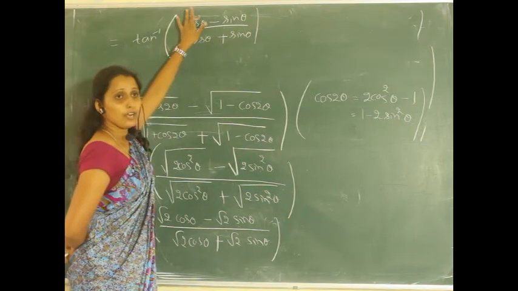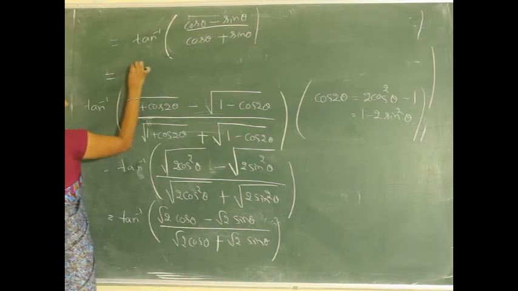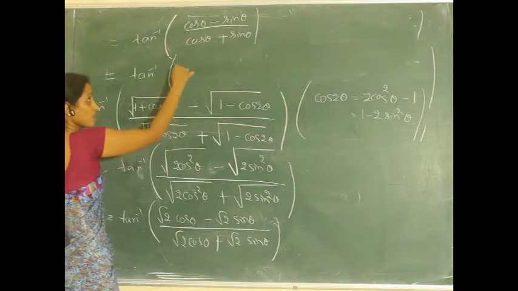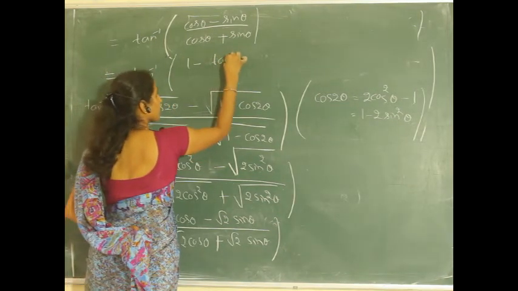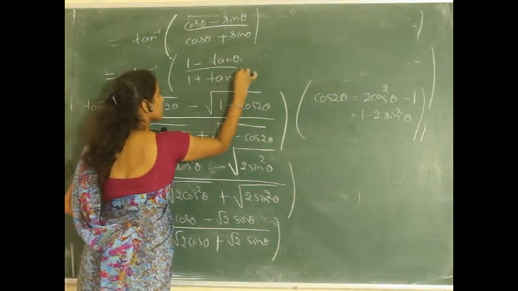Now divide numerator and denominator by cos theta. So we get tan inverse of 1 minus tan theta divided by 1 plus tan theta.